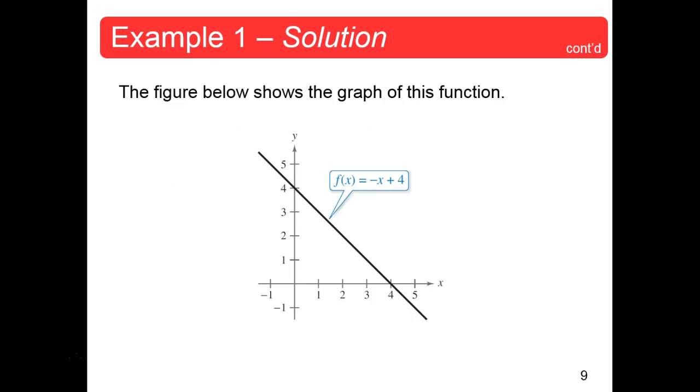And here's a graph of it. What can you tell me about the characteristics of that graph? It's linear. It's negative slope, meaning it's a decreasing function. Okay, very good. Even or odd? Odd.